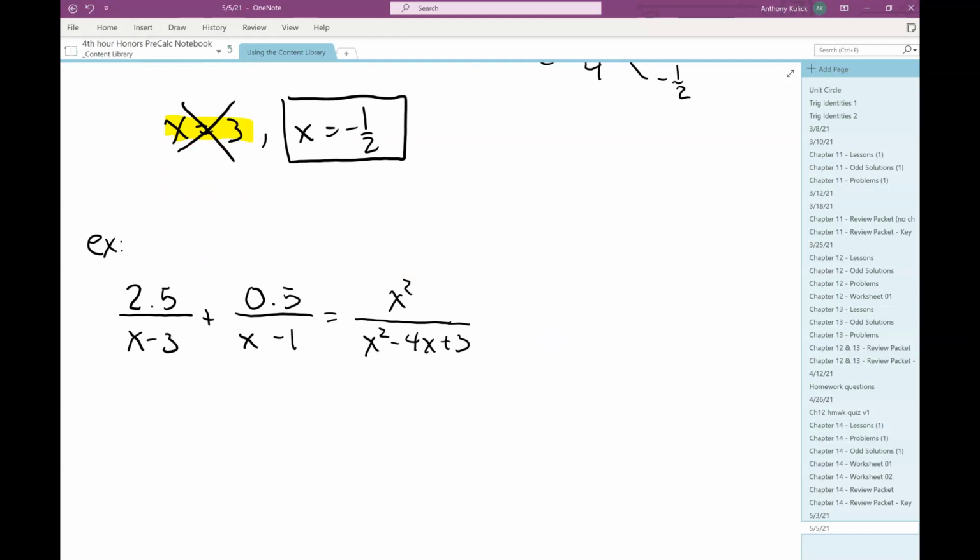So again, let's clear the fractions. Just like before, I would start by factoring that quadratic, and then it should be easy to see that the least common denominator would be x minus 3 times x minus 1.